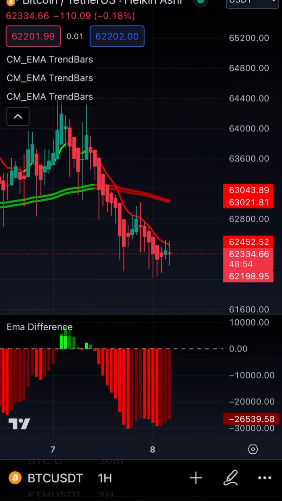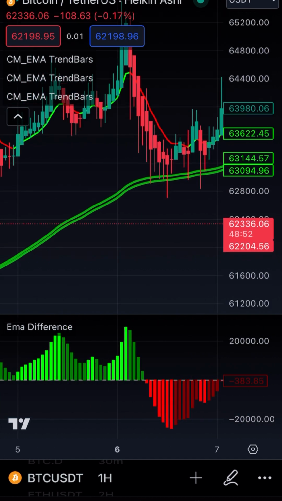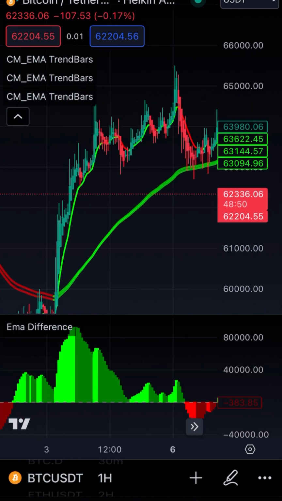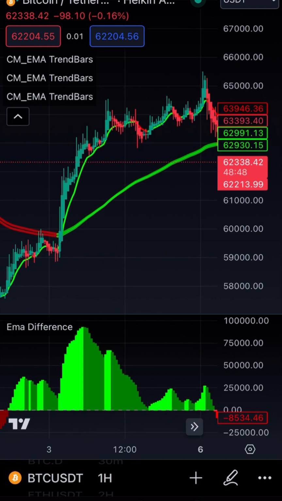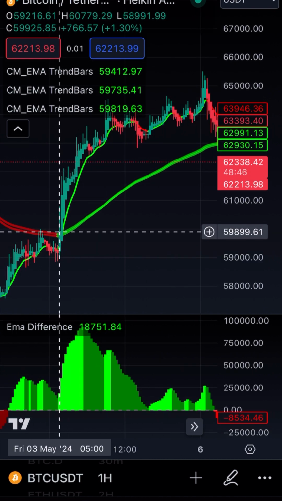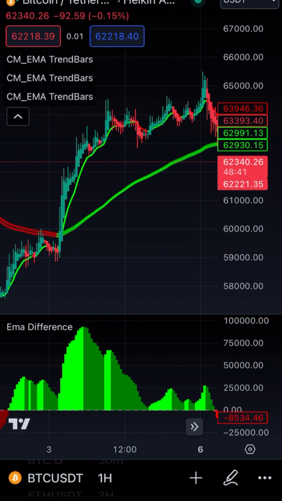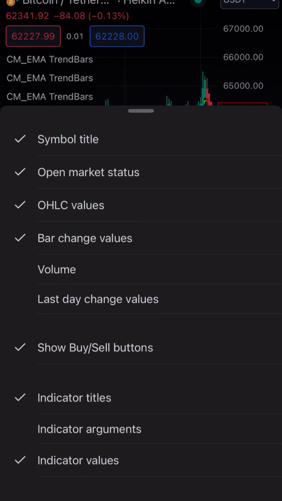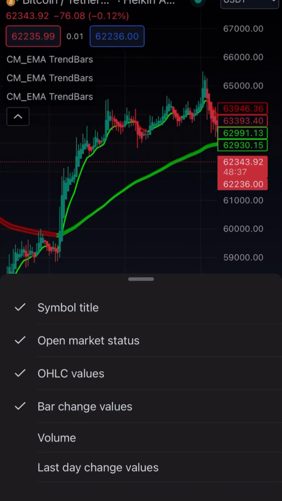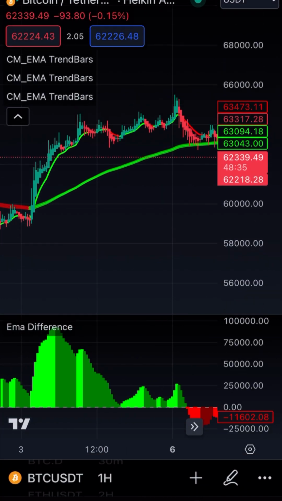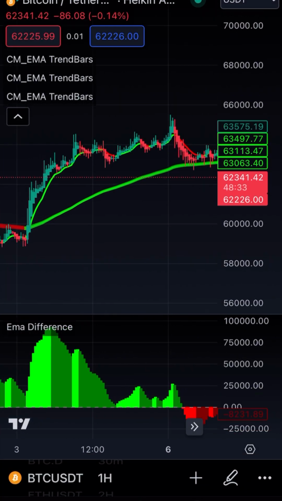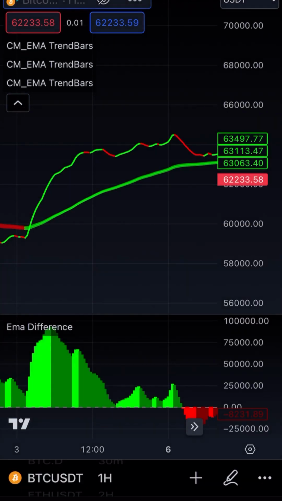The whole goal, the original goal with this strategy, is you wait for there to be a cross, which is right here. The easiest way to do this is to hide the candles and just observe what the lines are doing all day.